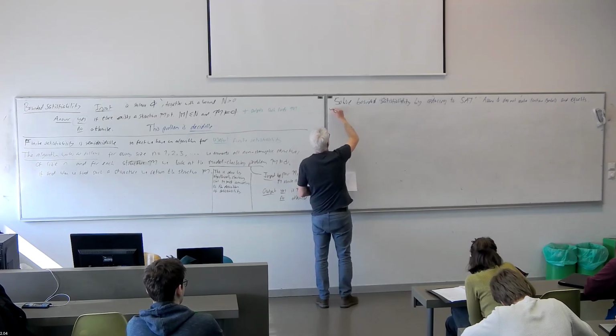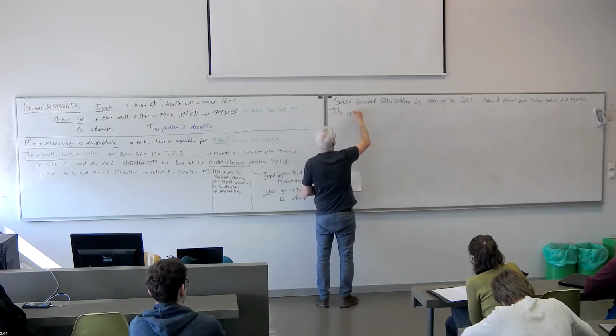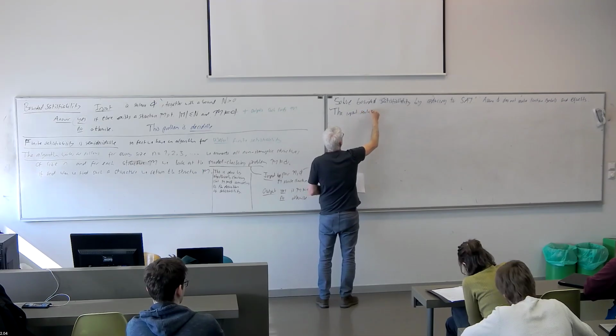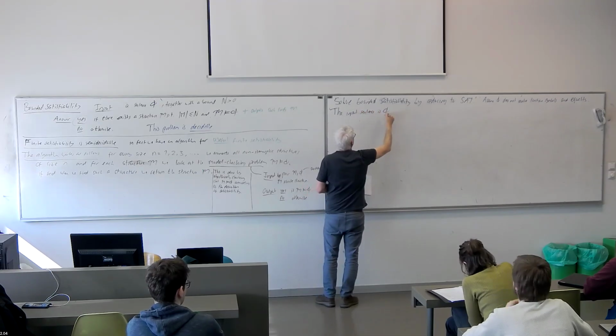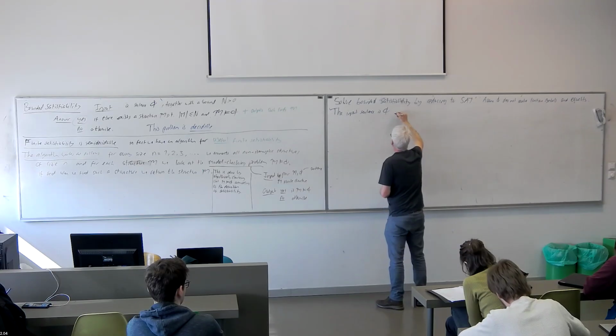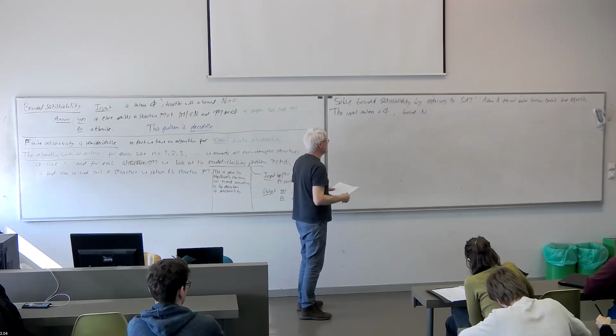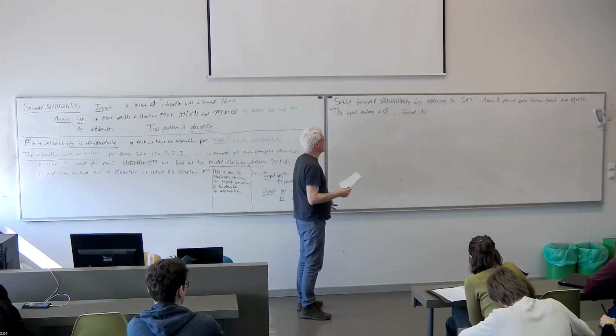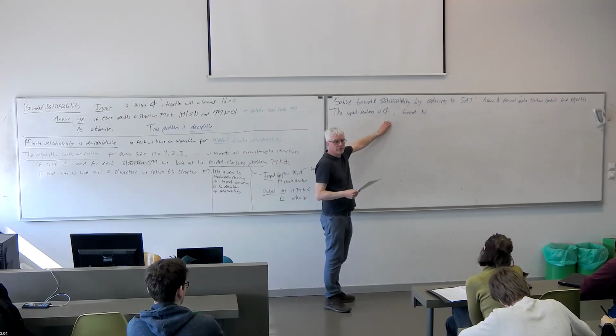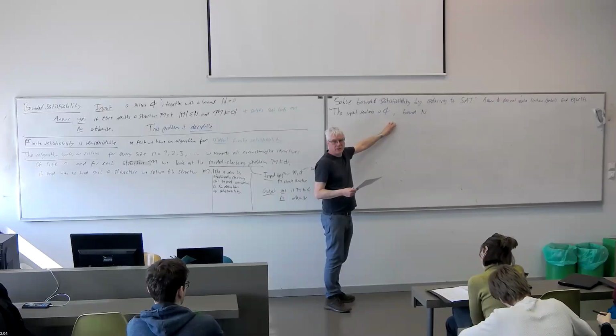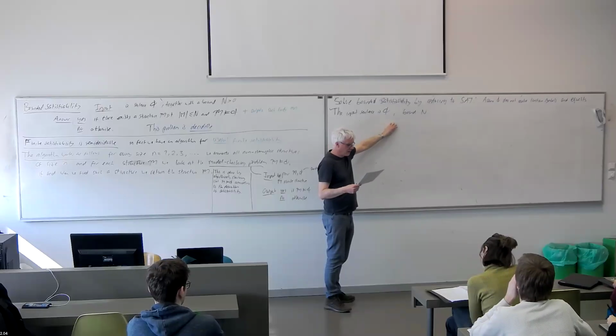So the input formula is phi, the input sentence, and the bound is n. What we're going to do is translate the input sentence into a formula of propositional logic.